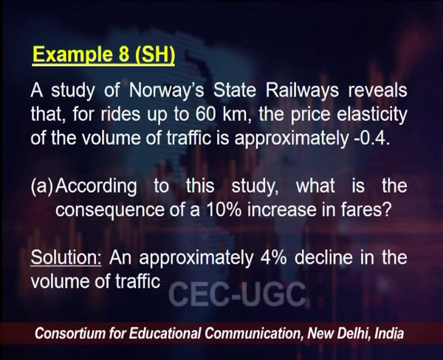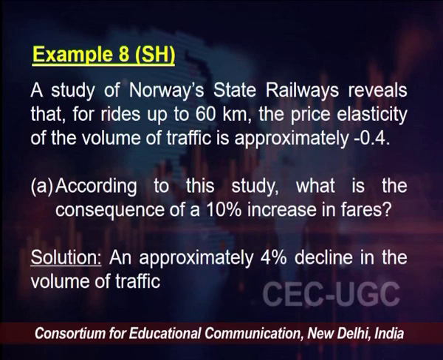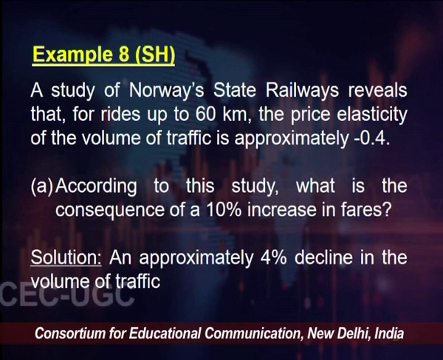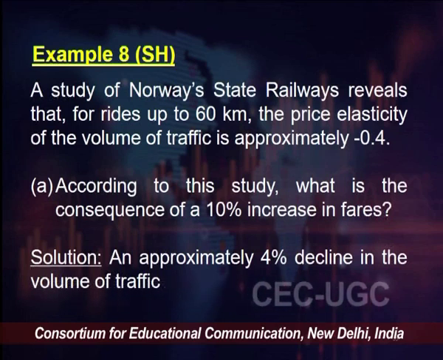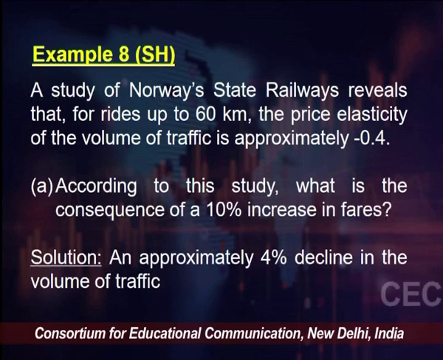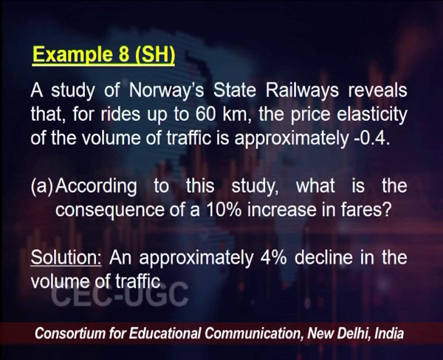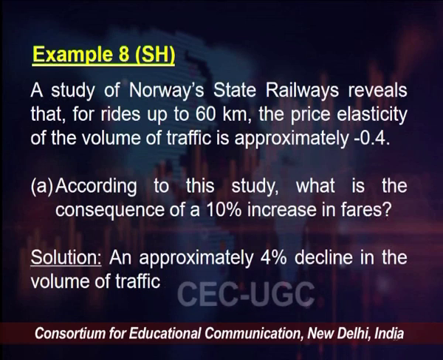Here, this is similar to the statement that I talked about vis-a-vis candy. If there is a 1% increase in railway fares, that's going to lead to a decline in the volume of traffic by 0.4%. So if there is a 10% increase in fares, that is going to lead to an approximately 4% decline in the volume of traffic.